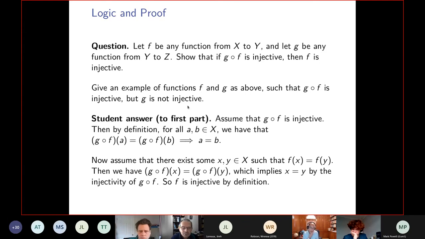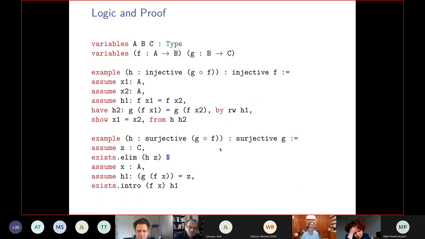But here's a student answer to the first one. It's a pretty good proof. It's not perfect, but if your students write this, you're pretty happy. We tell them not to use arrows and symbolic notation when they're writing mathematical proofs. They should use language. But suppose g composed with f is injective, then by definition, for all a and b, the definition of what it means to be injective.